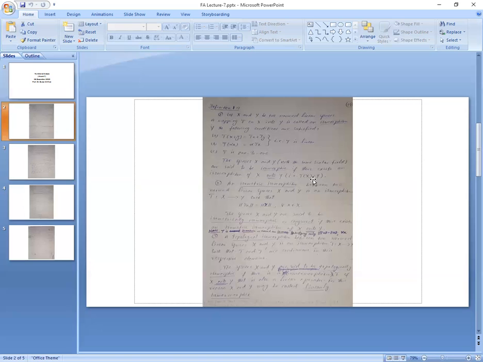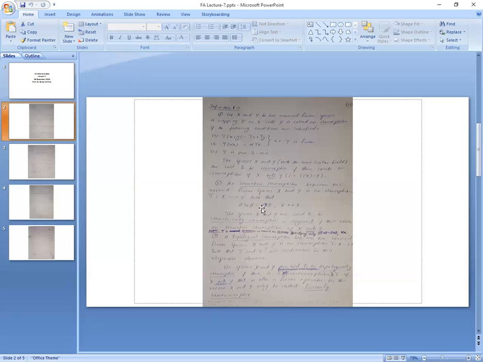Similarly, if we put one additional condition on the isomorphism, then this isomorphism is called an isometric isomorphism.